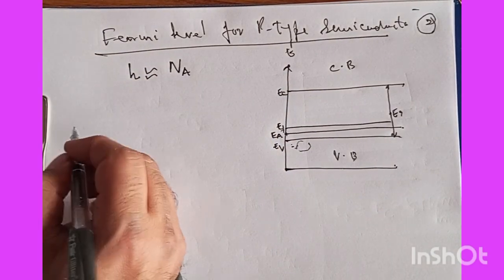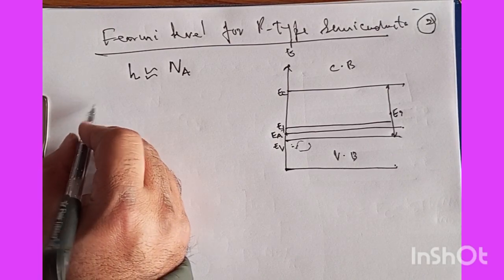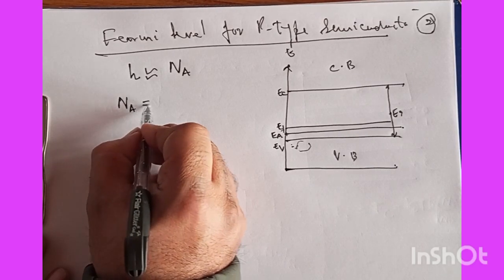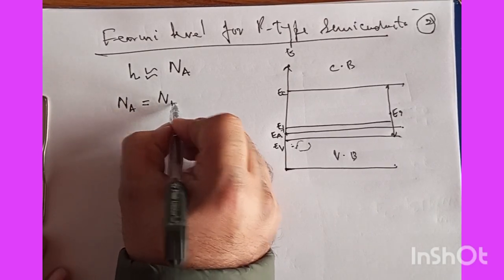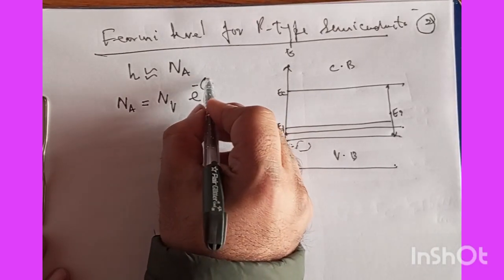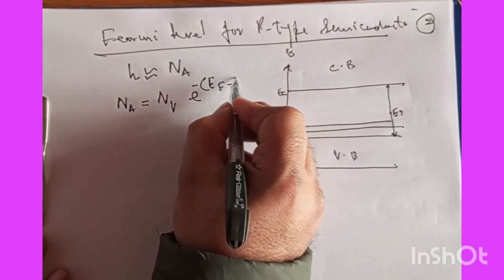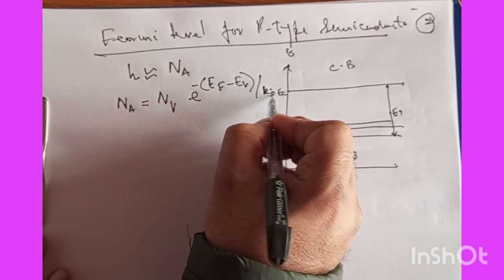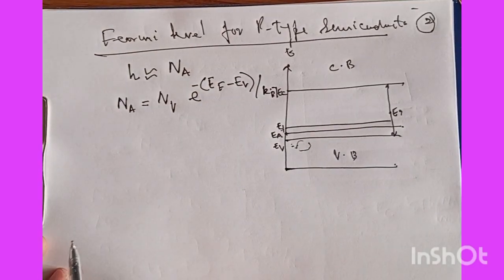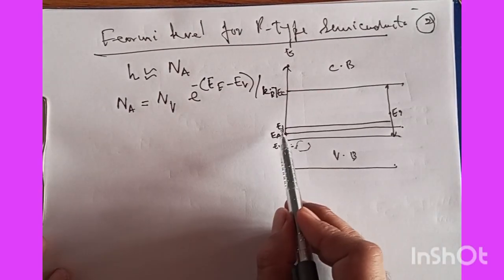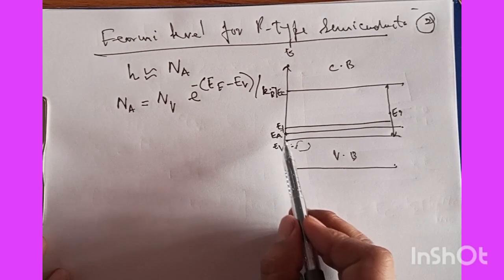So I can immediately think of Na equal to Nv e to the power of minus (EF minus EV) by kBT. Okay, so we have written down the Fermi-Dirac distribution for this situation. So it starts from EF and it ends at EV.